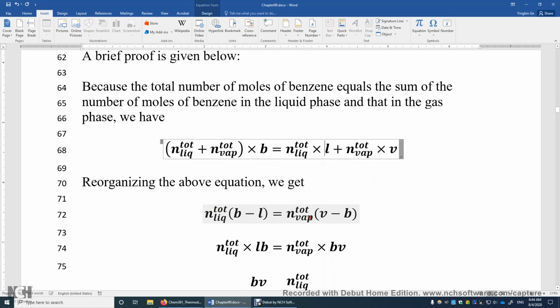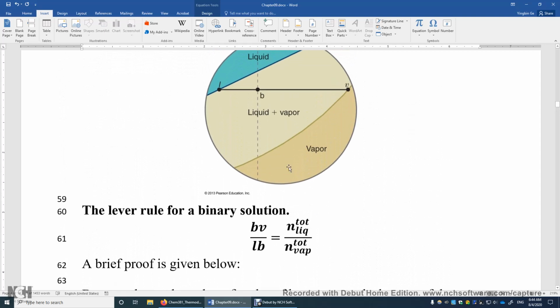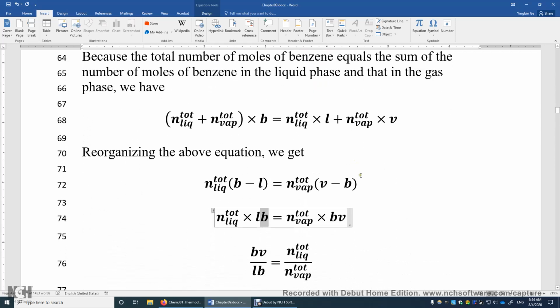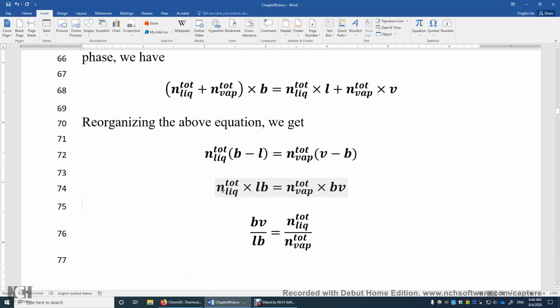It's very easy; I'll let you verify this. B minus L is the length of the segment LB. V minus B is the segment BV. This is the segment close to the liquid, and this is the segment close to the vapor phase.